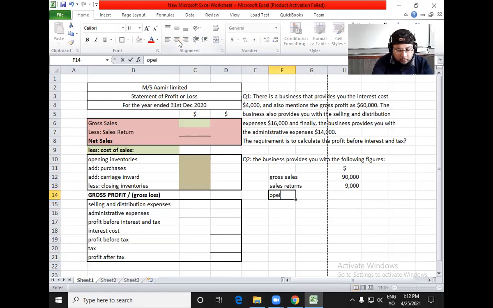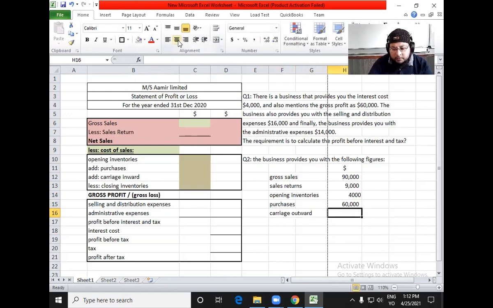Then you have opening inventories, let's suppose 4,000. Then you have purchases, let's say 60,000. Then you have carriage outward, let's suppose 6,000. Then you have closing inventories, let's suppose 16,000.